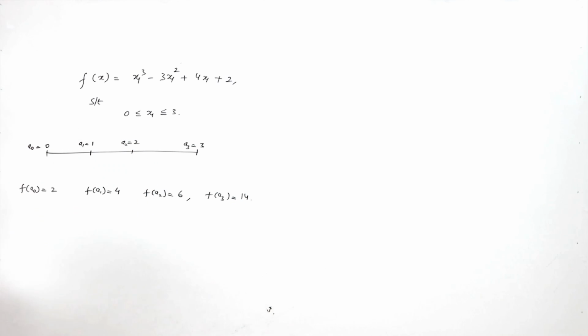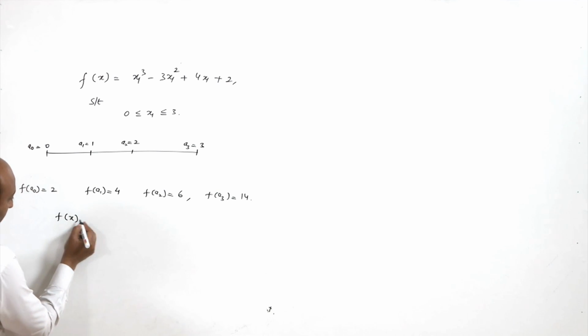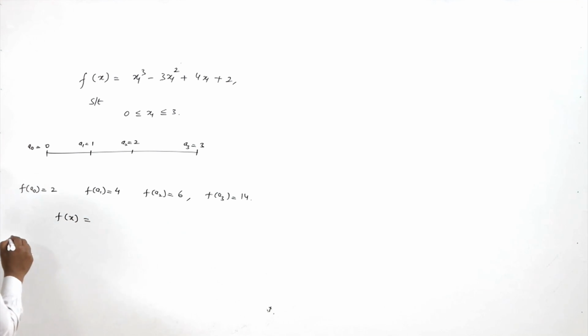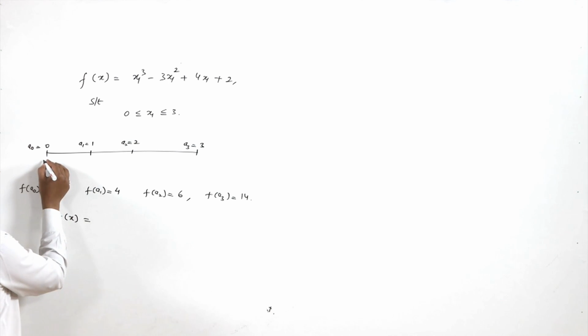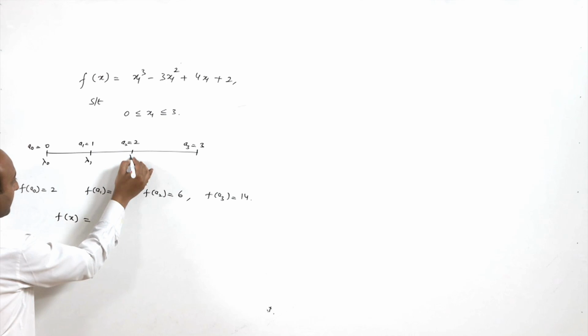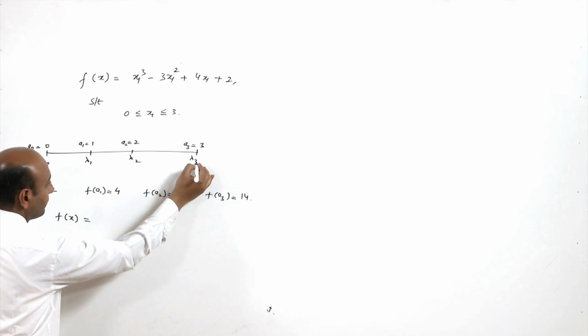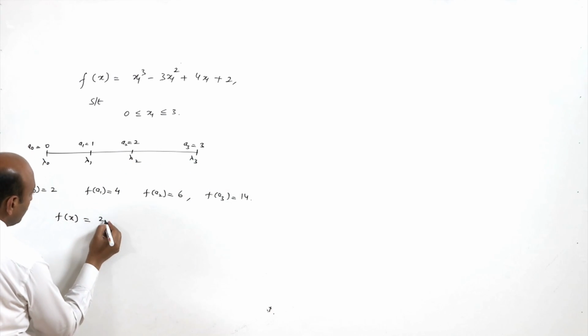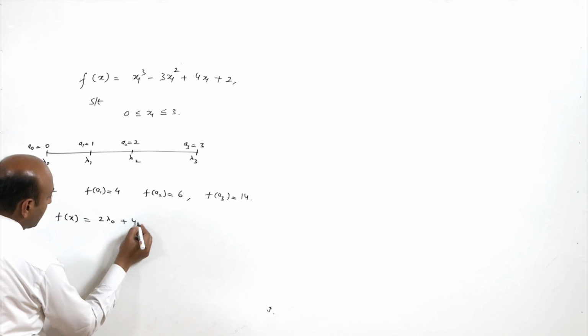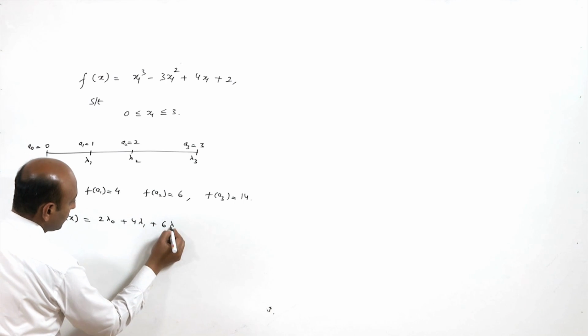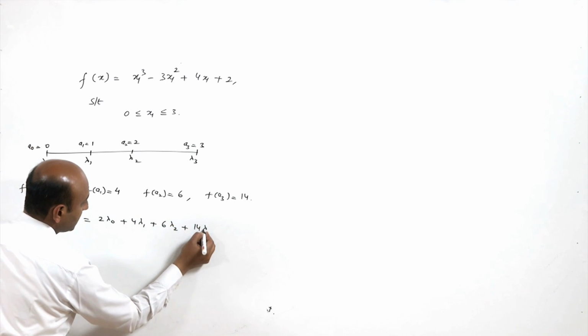So, what will be a linear approximation of this f? Nothing but, suppose it is lambda naught over here, lambda 1 here, lambda 2 here, lambda 3 here. So, it is 2 lambda naught plus 4 lambda 1 plus 6 lambda 2 plus 14 lambda 3.